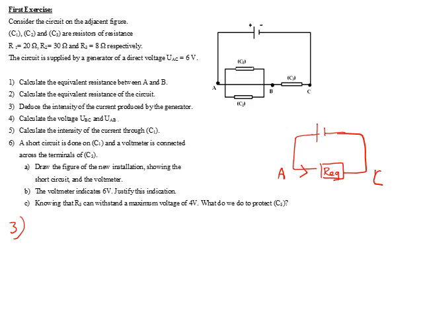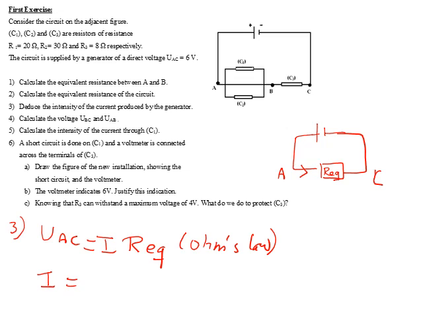U across AC equals I times R equivalent, using Ohm's law. So I equals U AC over R equivalent equals 6 volt over 20 ohm, which is 0.3 ampere.